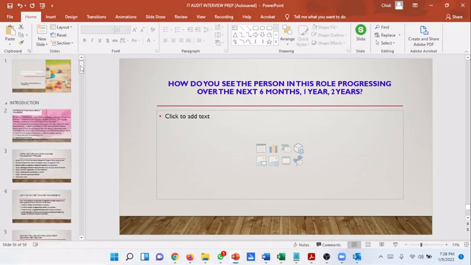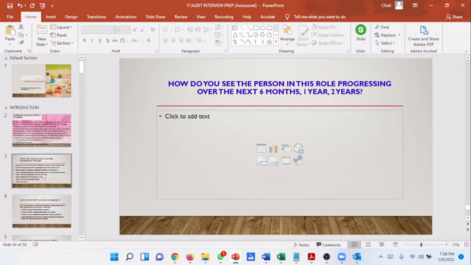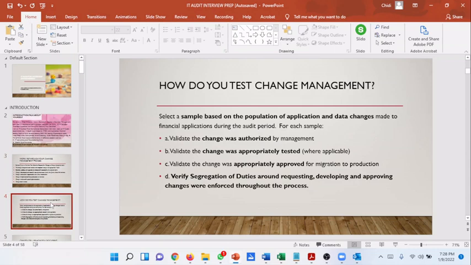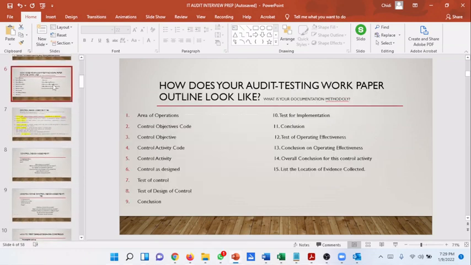So that is a typical interview question. Or, how do you test change management? How do you test application control? Now, this is a generic question. They have application controls.